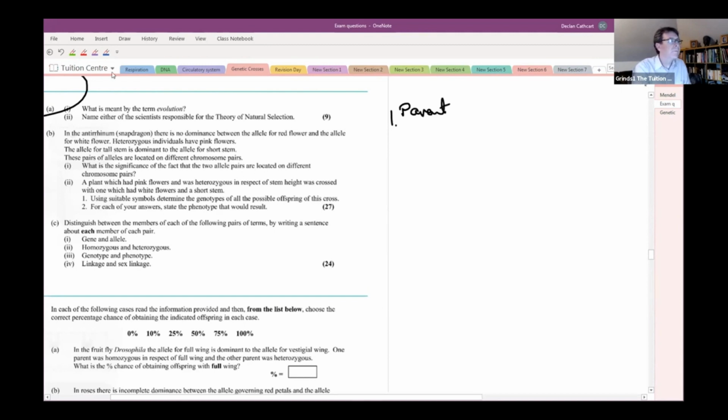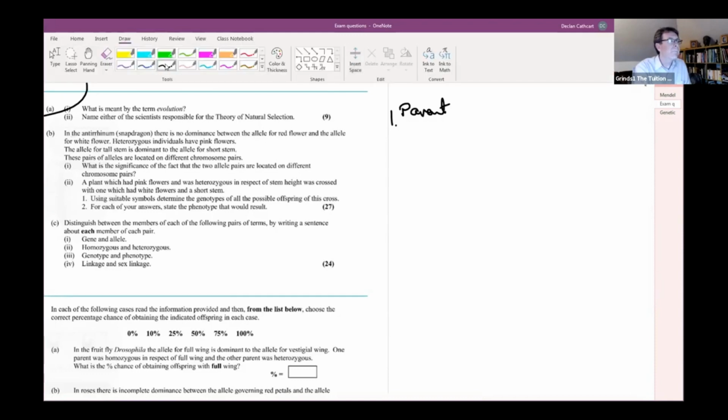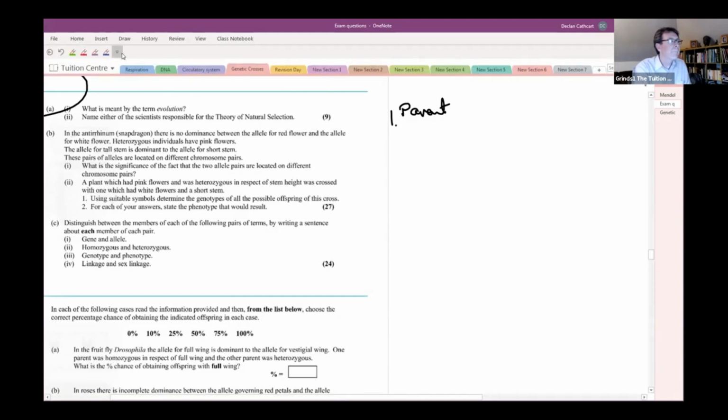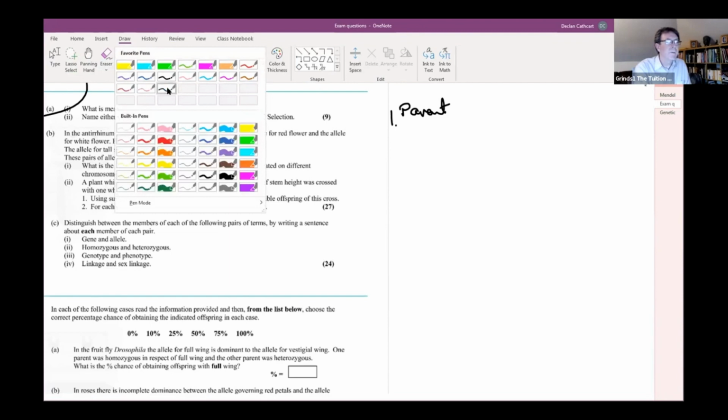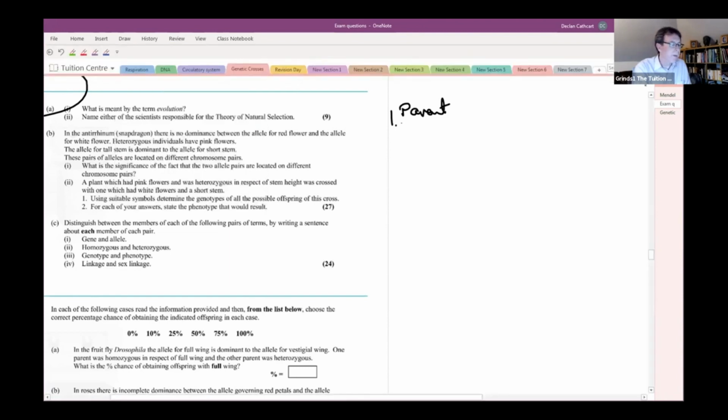So parent phenotype is the first thing we're going to look at.